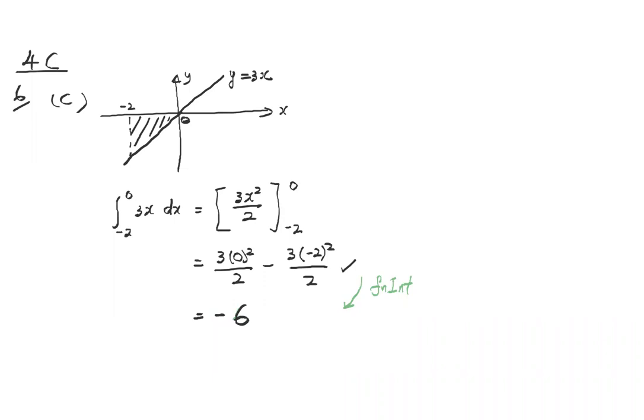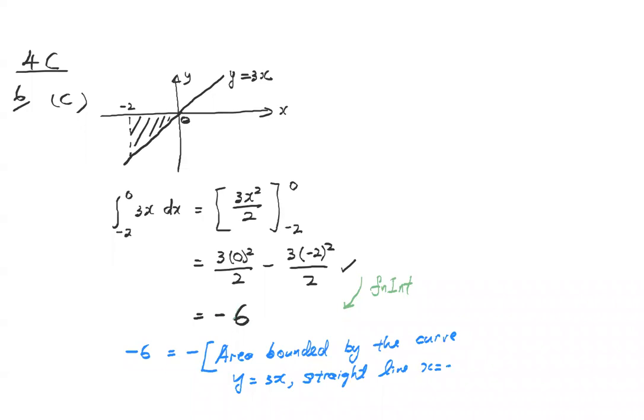So what I will do is, I will say -6 is equal to the negative of the area bounded by the curve y equal to 3x, you can say straight line, x equal to -2, x equal to 0, and the x-axis. This is called graphical interpretation.